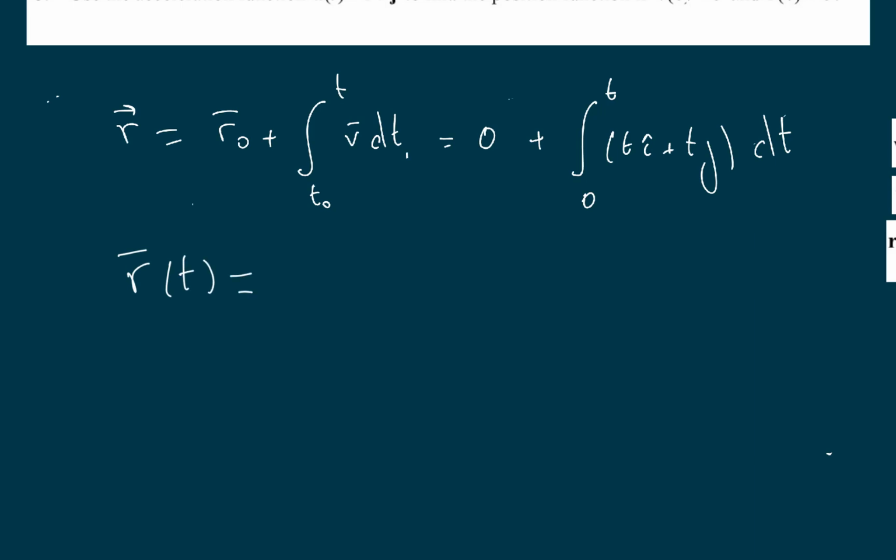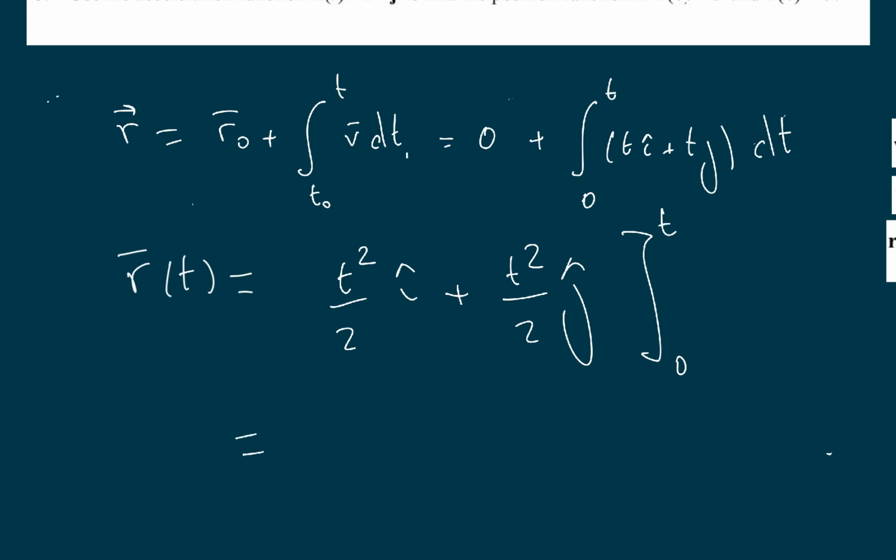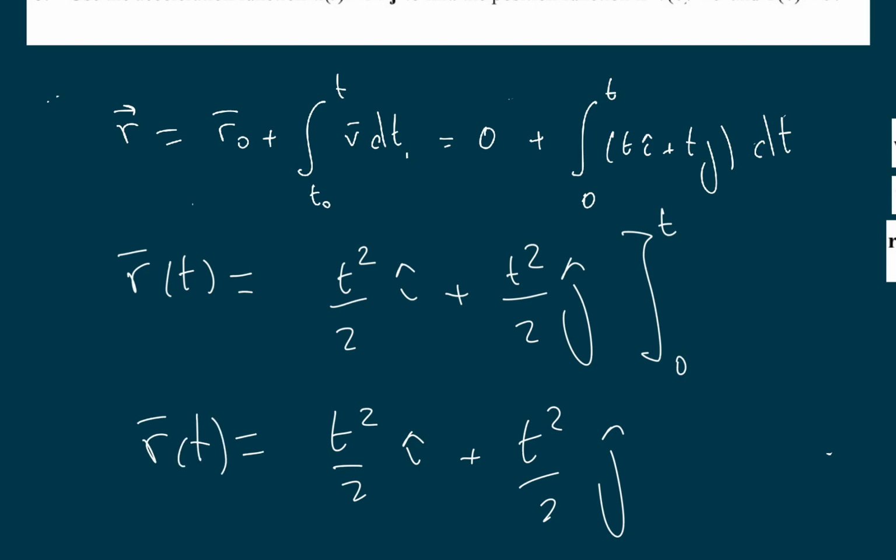The integral gives r of t equal to t squared divided by 2 i plus t squared divided by 2 j, evaluated between 0 and t. This is the vector position r at any time t.